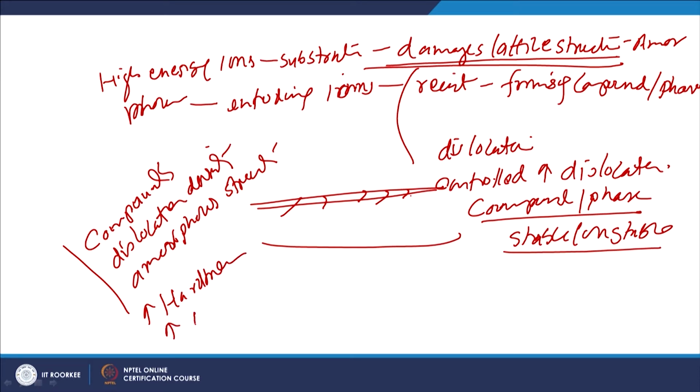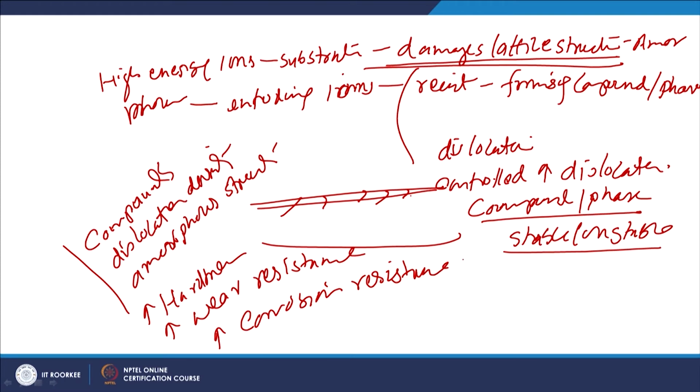Increase in hardness increases the wear resistance, and this increase in wear resistance is also coupled with the increase of corrosion resistance. So mostly this kind of improvement is achieved in the case of steel components.